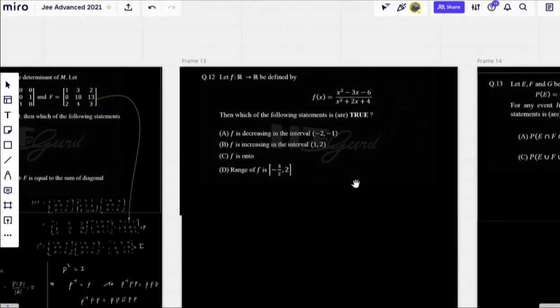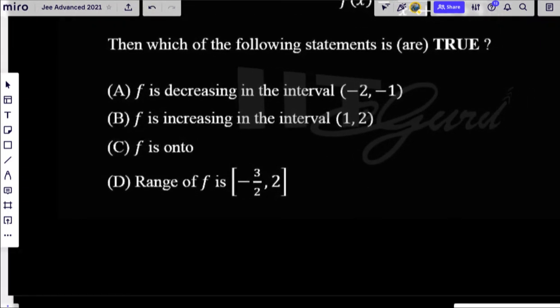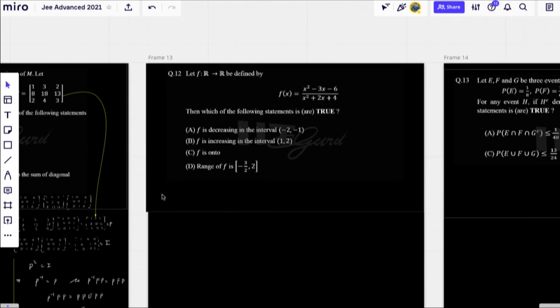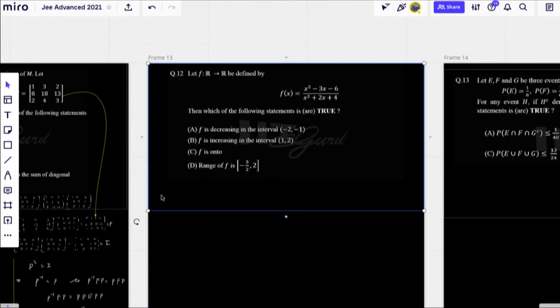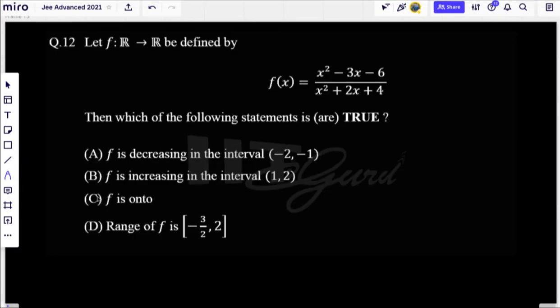Now let's go through another question. This question belongs to application of derivative concept that is called monotonicity. Okay, this question is from application of derivative, and this is the function.